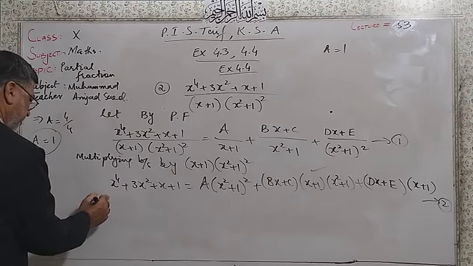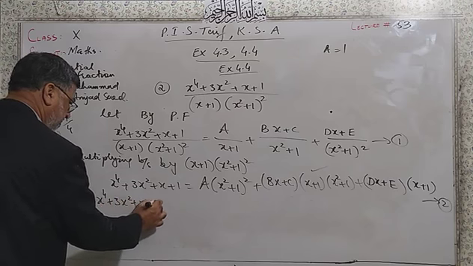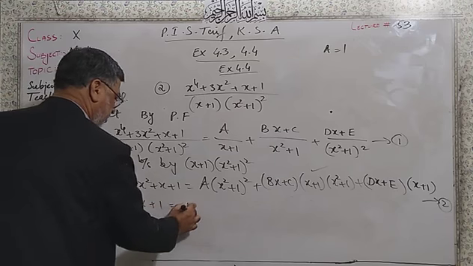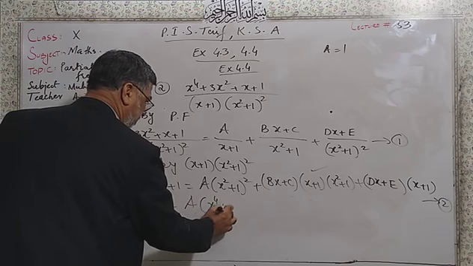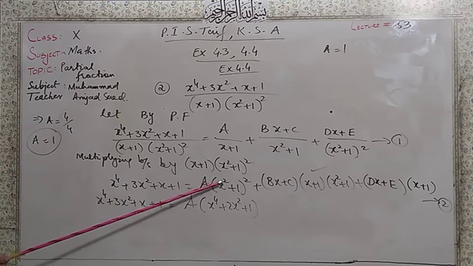From equation 2, x^4 plus 3x squared plus x plus 1 is equal to A into x^4 plus 2x squared plus 1. I have opened up the formula of square, a squared plus 2ab plus b squared.